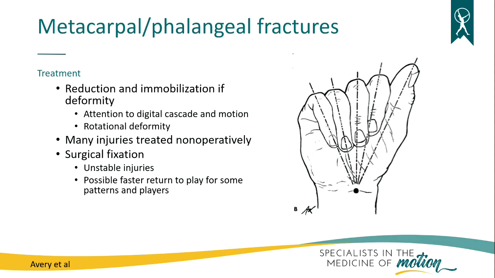And the important thing is that many fractures can be treated non-operatively, but we have to make sure that the digital cascade when the patient makes a fist is appropriate. There's no malrotation, and as those fingers come down, they're all kind of converging towards that scaphoid pole in the palmar aspect. Certainly unstable injuries need to be fixed, and in some cases we can get an athlete back faster with bony stabilization surgery.